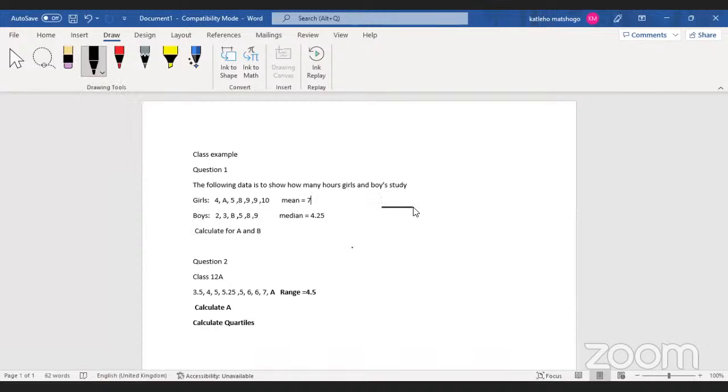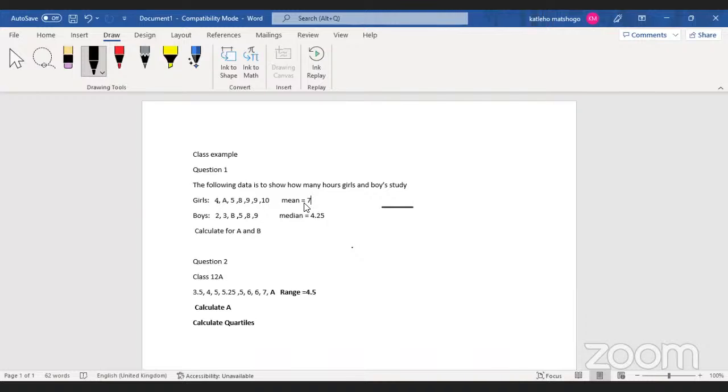So to get the mean, this is what we do. You're going to add everything up, so add it up on your side also. We are adding because here we want to calculate A and the given one is the mean. So whatever is given, we use that to calculate. You understand?